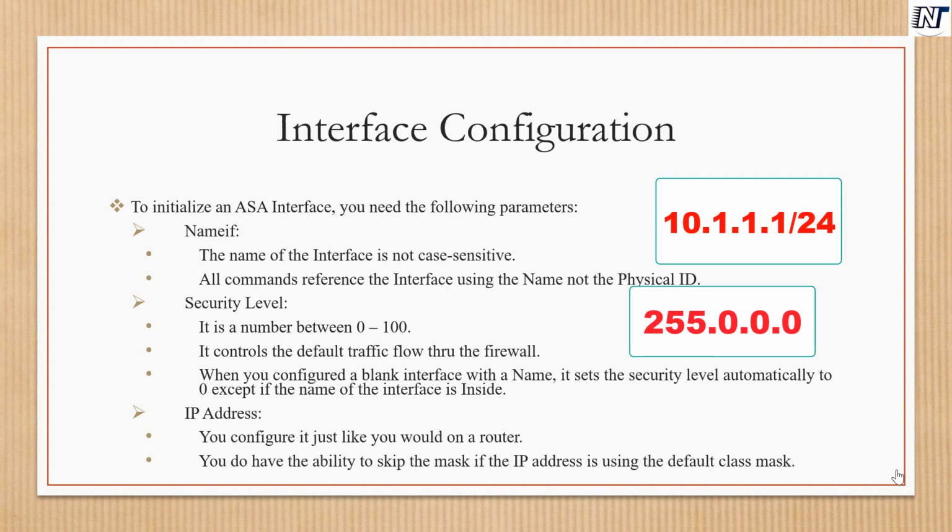Why is it so? Because it's a class A IP address, and for class A, the default mask is 255.0.0.0. So it will take the subnet mask for class A, that is 255.0.0.0.